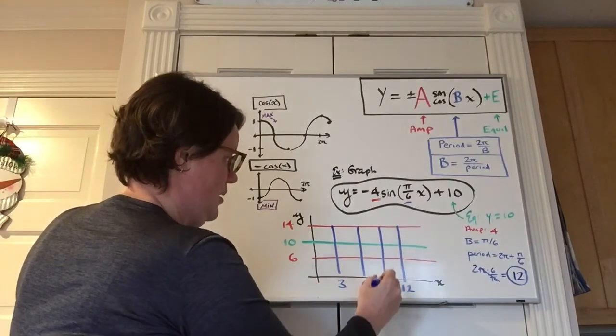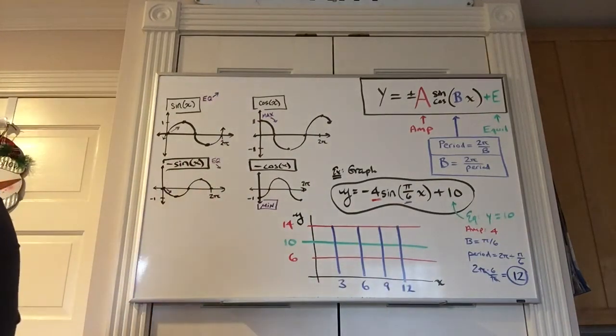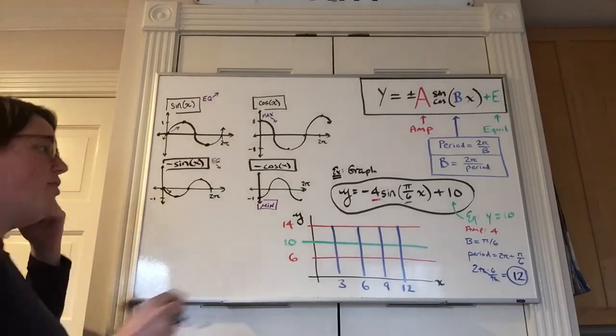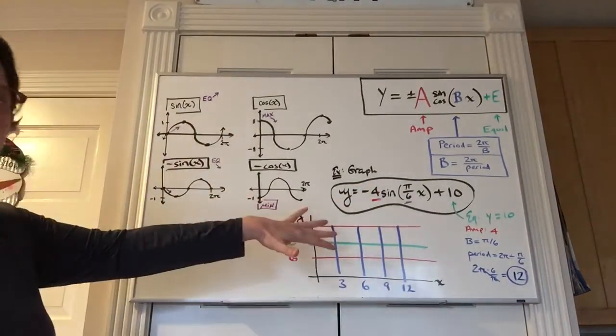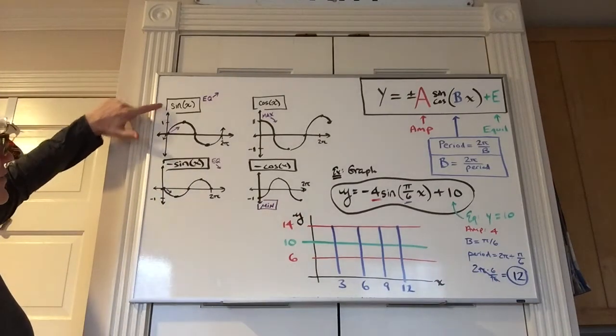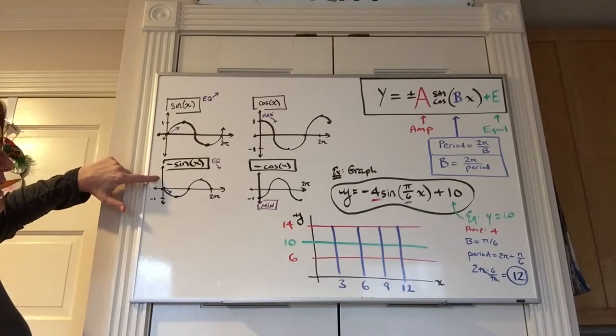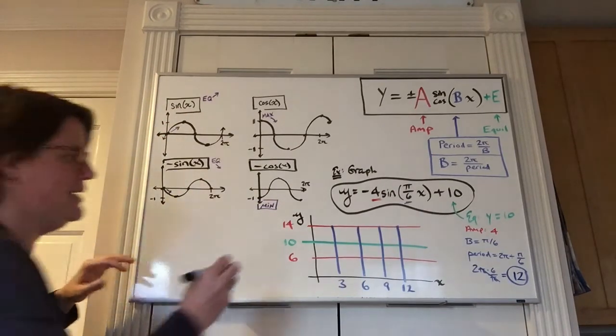6, 9, 12. So basically, I've set up the boundaries for my graph, and the fact that it's a negative 4 times the sine means all those properties are what I would have expected last time. It's just that instead of having a positive sine cycle, I'm going to have a negative sine cycle. Instead of starting at equilibrium and heading up, I'm going to start at equilibrium and head down.